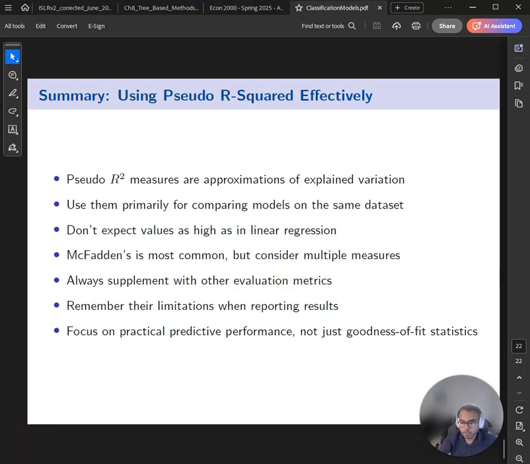So, to wrap up, remember pseudo R-squared measures are approximations of explained variance. They are trying to give us something analogous to R-squared, but they have their limitations. Their primary value is for comparing models on the same data set. So if you're trying to decide which model to use, comparing pseudo R-squared can help you in that decision.